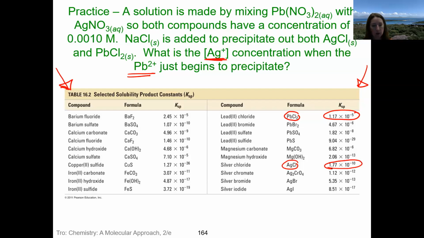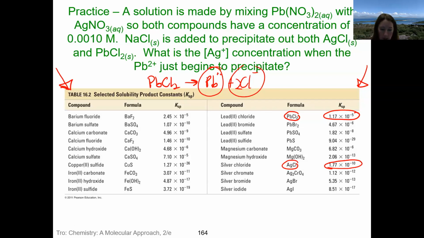And so we have to remember, when we're doing this here, Pb2+ plus 2 Cl minus. This concentration we need to get. So what's the concentration of this? And we're going to figure out this one too, right?